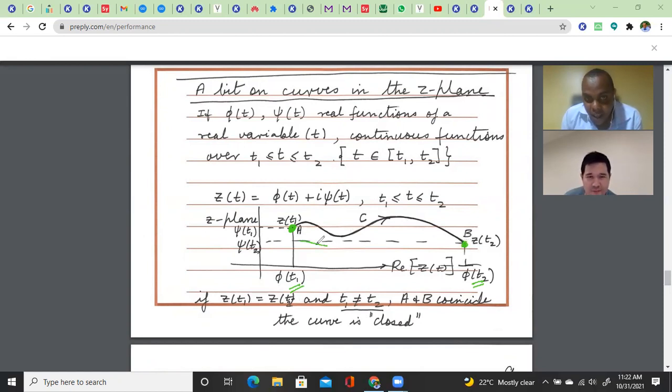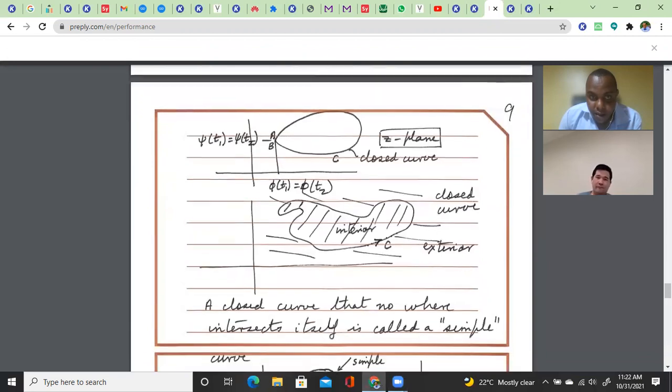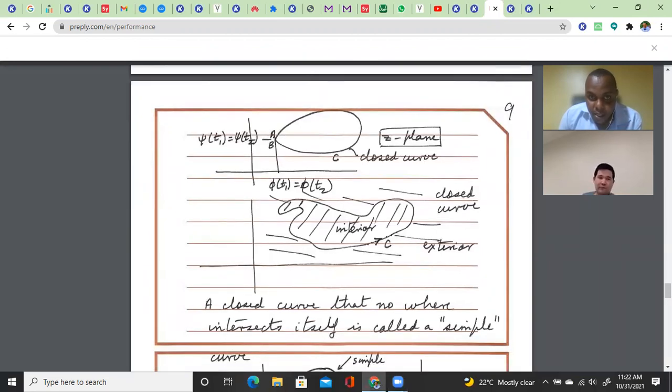Let's say A is this point and B is also this point. You see what's happening? The curve becomes closed. So that is the definition of a closed curve.